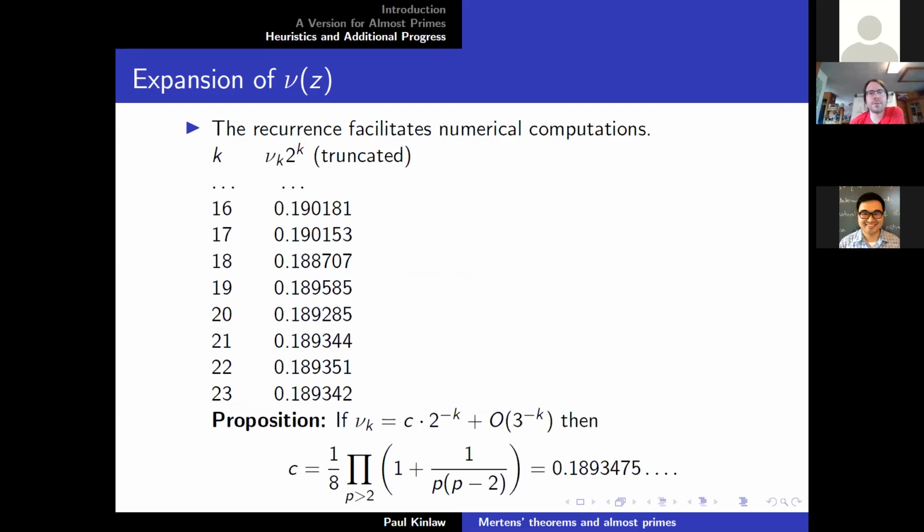And we were able to prove that if nu_k does have an expansion of this type, then it's given by the following formula. And it's found by looking at the residue of the pole of nu at z equals 2. And you can see this comes out very, very close to what the data suggests. And so what remains here is to prove existence of the expansion. Because if it exists, it has to be this form.